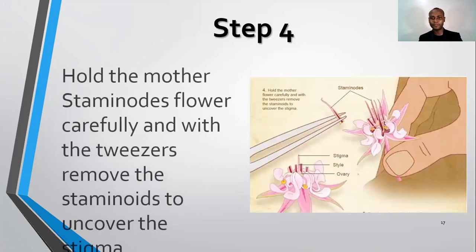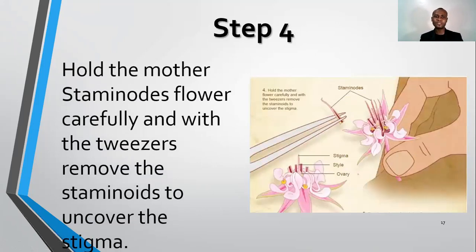Step number 4, hold the mother flower carefully, and with the tweezers, remove the staminodes to uncover the stigma. So you are going to use the tweezers over here, and then you remove the staminodes so that the stigma will be revealed like that.